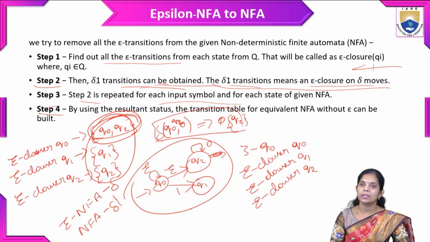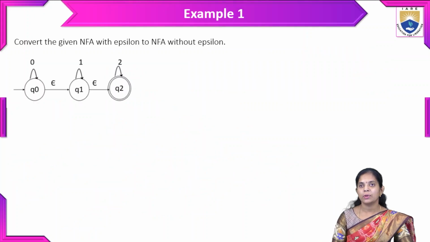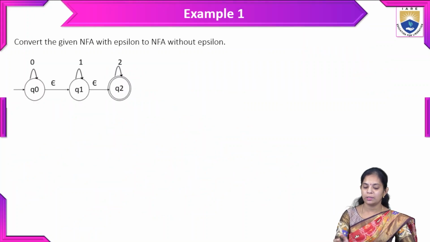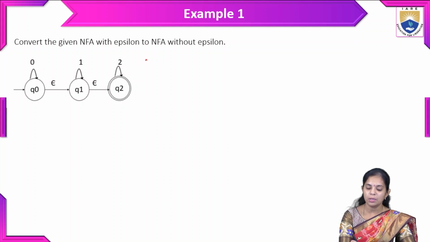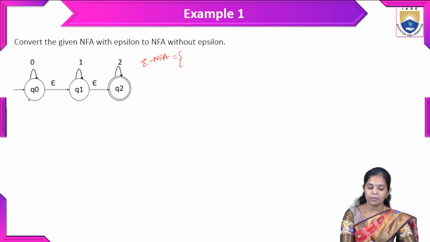So we can clearly explain with examples. Here is the one example we have taken. Let me write the definition of this transition diagram. It is an epsilon NFA, which has the value Q, where capital Q is the 3 states: Q naught, Q1 and Q2.